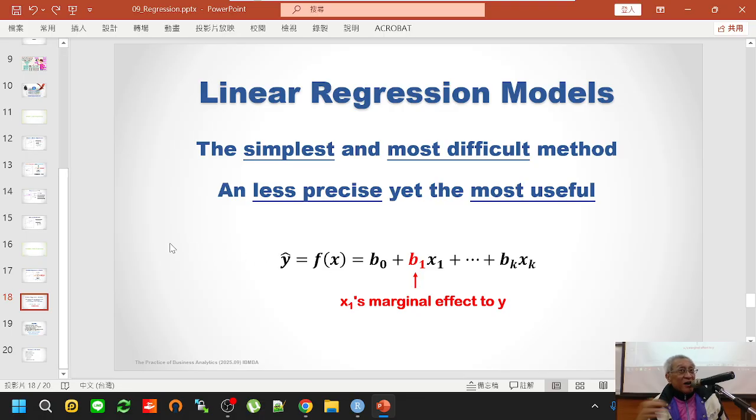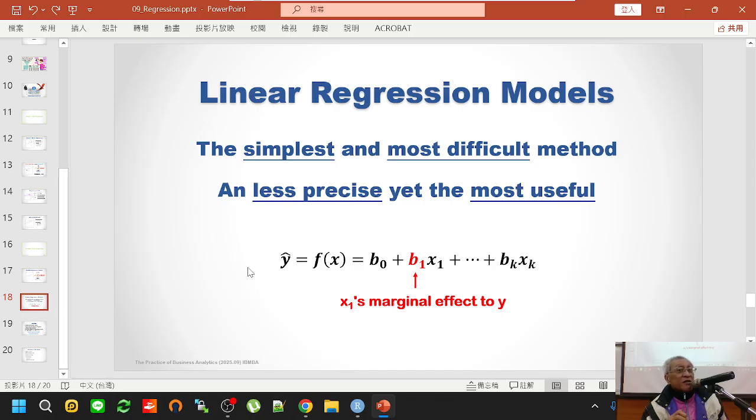And that sometimes is very important in business and also in some economic types of application, right? The marginal effect of X toward Y is sometimes very, very important, right?